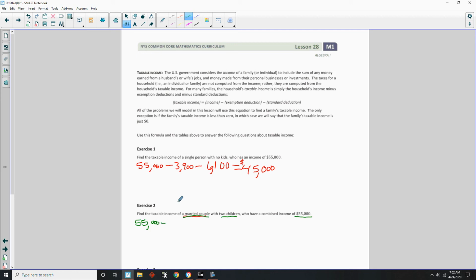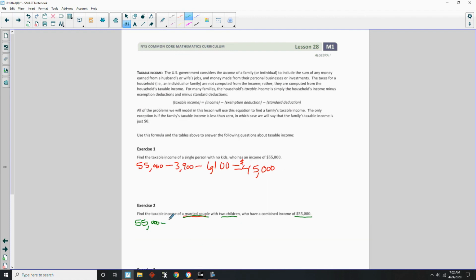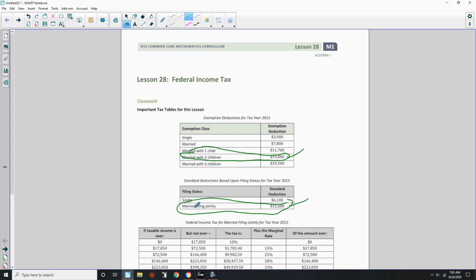and we're going to subtract the exemption deduction, 15,600, minus the standard deduction, 12,200.